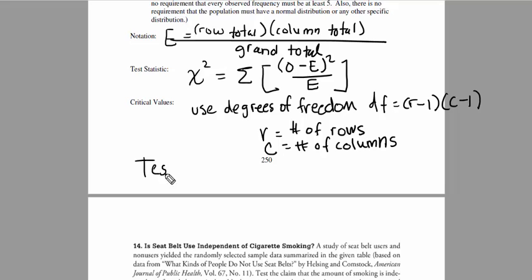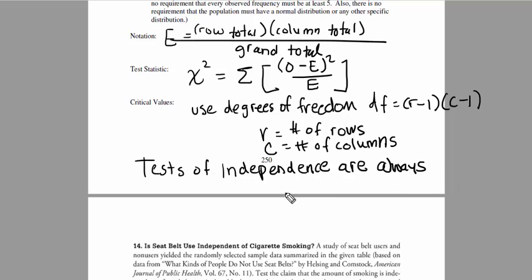And then please make a note that tests of independence are always right tail. Just like for the goodness of fit test, these are also always right tail. So again, you might want to calculate the degrees of freedom by hand once in a while if you want to make sure that your calculator is giving you the right value, but you really don't need to calculate these by hand.